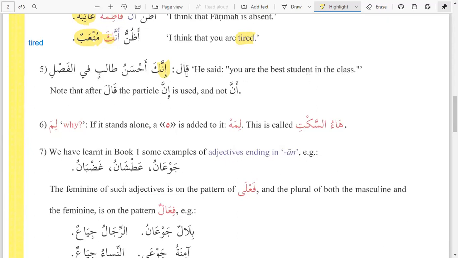We will use inna. If there is no qala and no form of qala, then we will use anna. Only with qala, we will use inna. Note that after qala, the particle inna is used, and not anna.